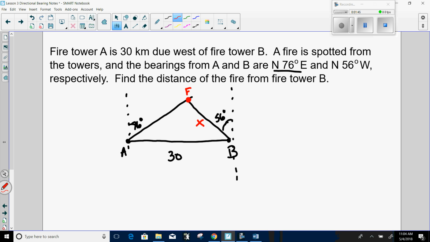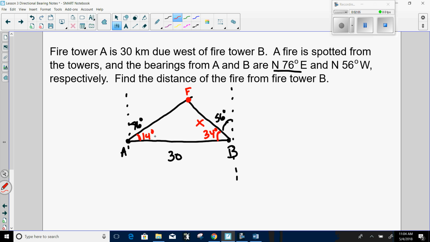So we know that this is 76. Since this is 76, we can figure out this angle because they form a right angle; it's going to be 14 degrees. If this is 56, we can figure out that this here is going to be 34 degrees. I want to figure out this side length right here.